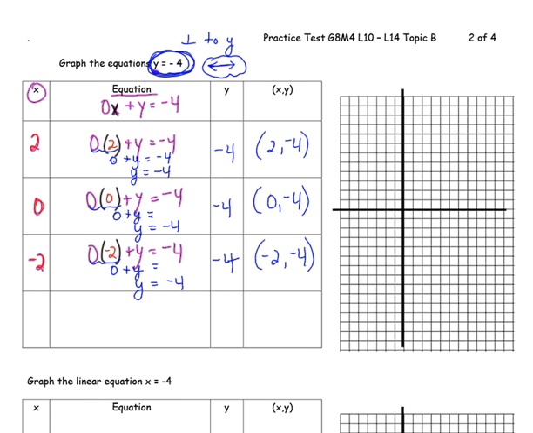So we have (2, -4), (0, -4), and (-2, -4). So this will be the equation of a line, y equals -4. Notice that it matches what we expected. It is perpendicular to the y-axis.